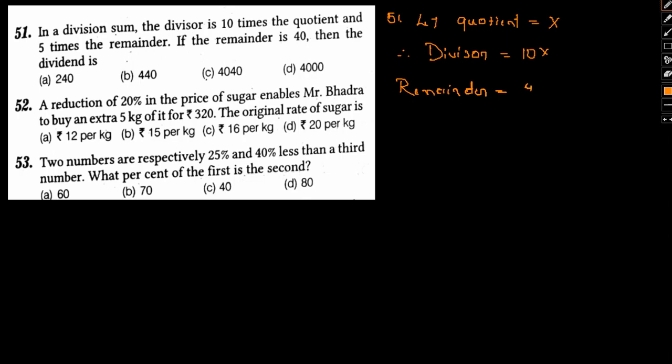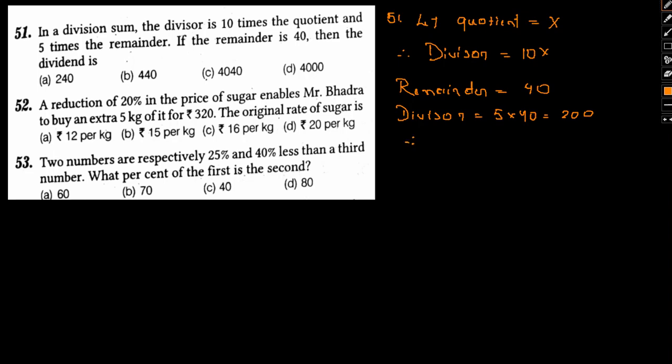So therefore the divisor, in division sum the divisor is 10 times the quotient and 5 times the remainder. Okay, so therefore the divisor will be 5 into 40, that is 200.